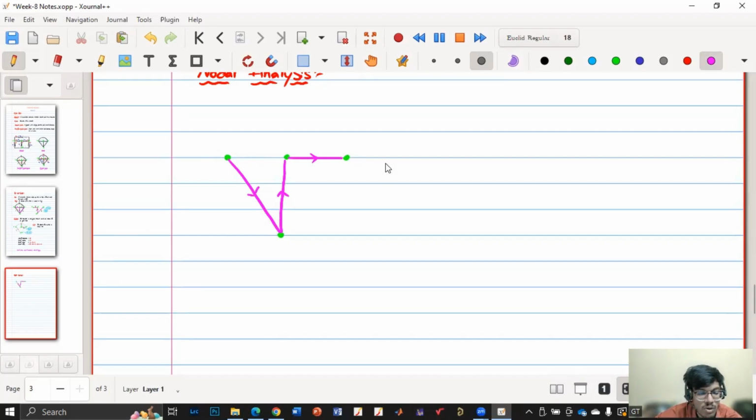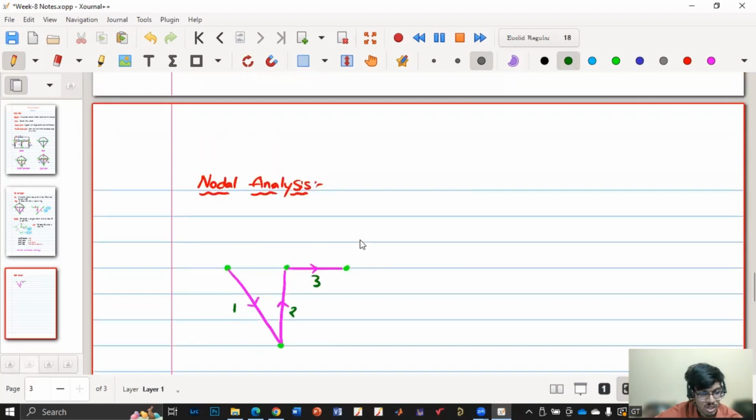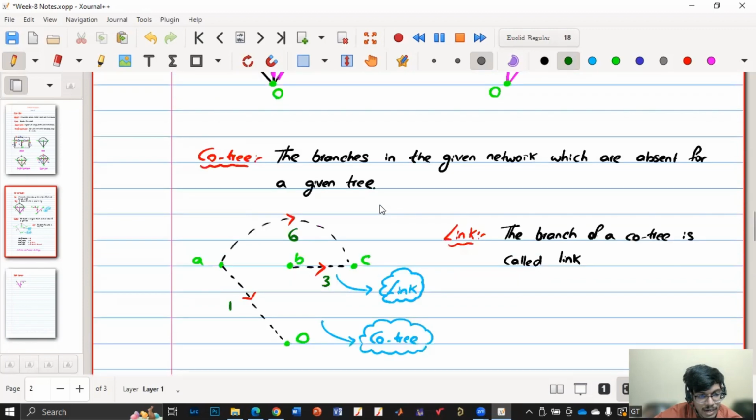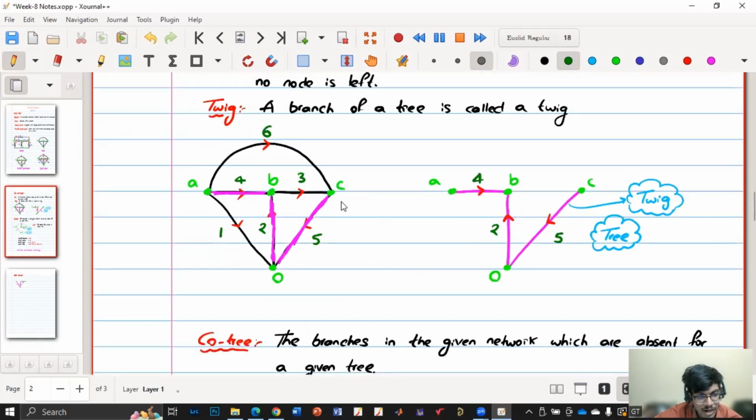This is a connection between nodes so that no node is left and no loop is formed. All the nodes are used and no loop is formed. Now we'll write the remaining elements, which are 4, 5, and 6.